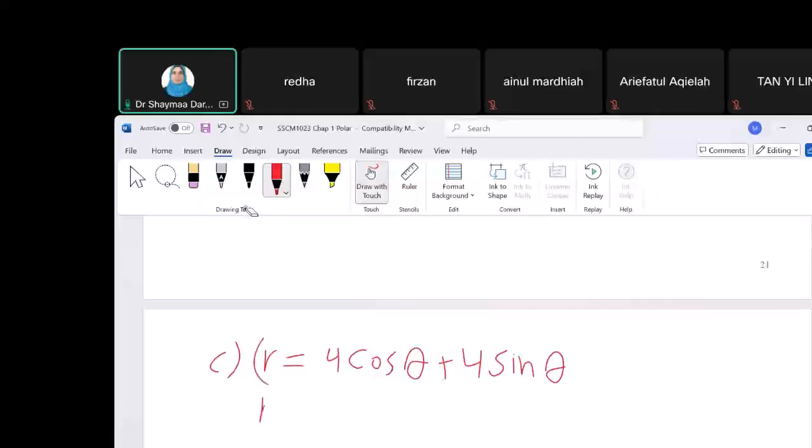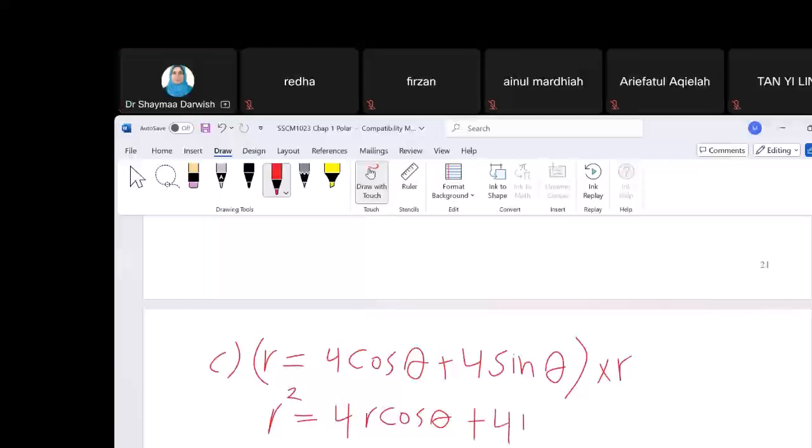I will multiply both sides by r. So we have r squared equal to 4r cos theta plus 4r sin theta.